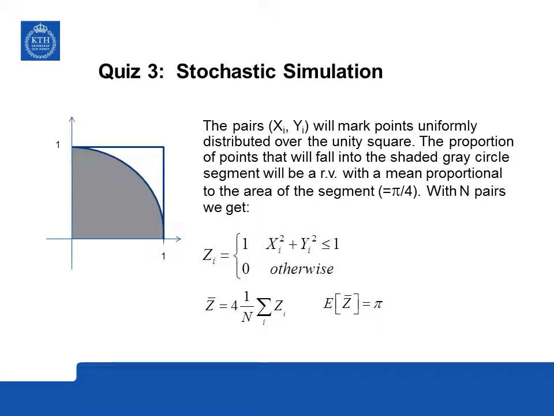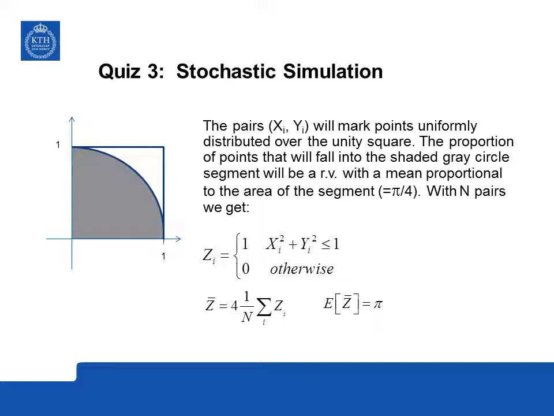And here's one example. Again, as in the previous numerical integration problem, we use the fact that the area of a circle with unit radius is pi. So a quarter circle segment like this has the area pi over 4.